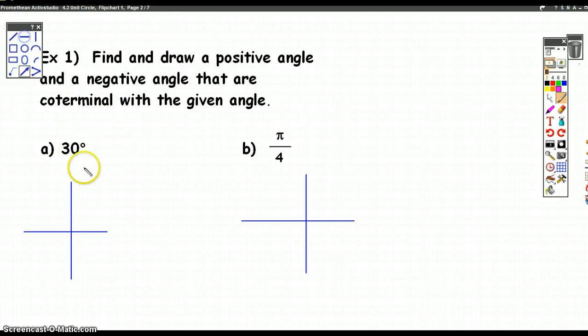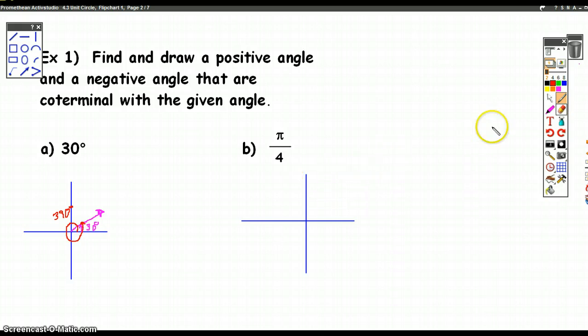Okay, so we know where 30 degrees is. Positive 30 degrees is roughly there. Let's draw one that's coterminal, that's positive. I can go to the 30 and then go another 360 and I'll land there. So 390 degrees works.